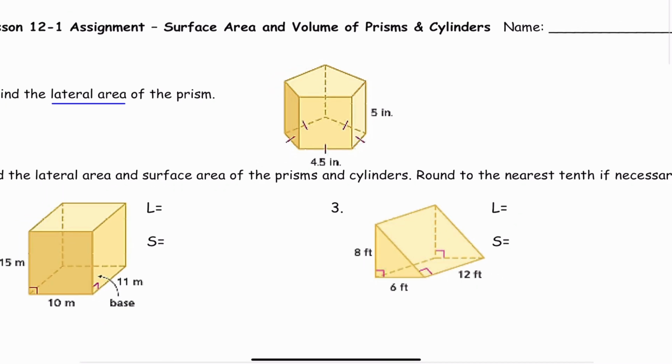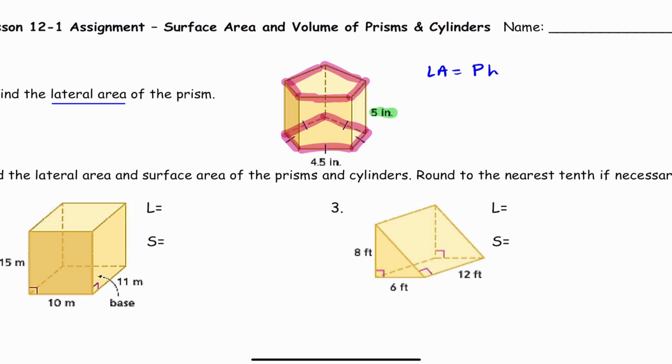So if I'm trying to find the lateral area, it is the perimeter of the base multiplied by the height of the prism. So we can see that these pentagons here are the bases of this prism because they are parallel and congruent to each other, separated by a height.